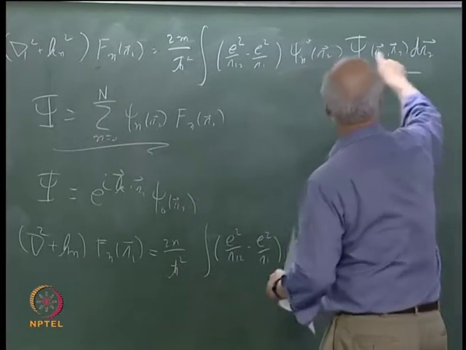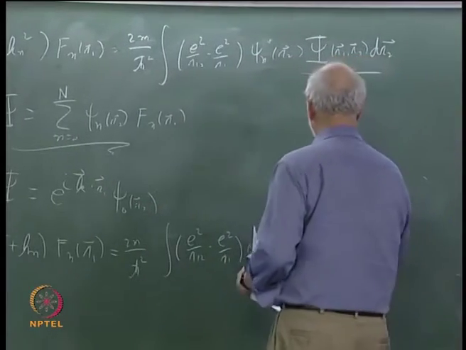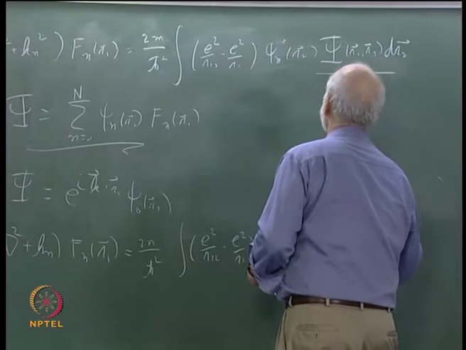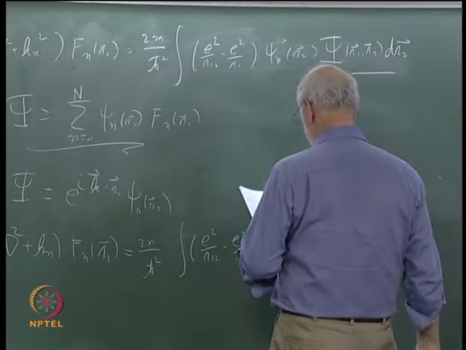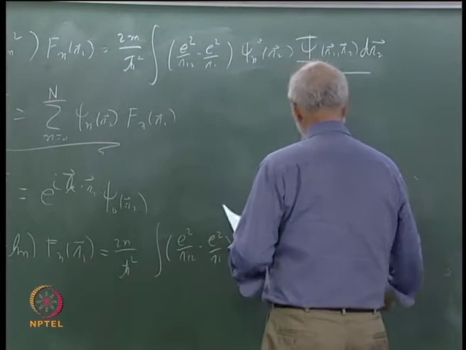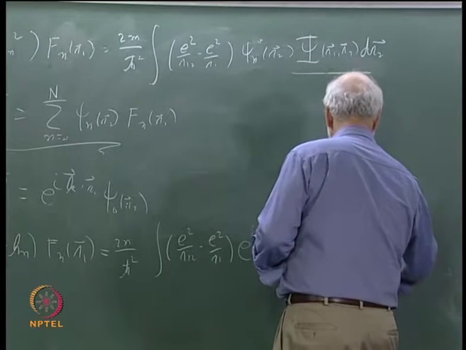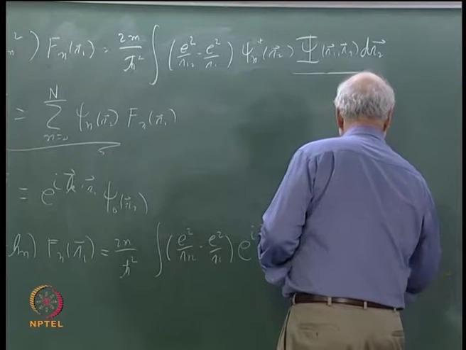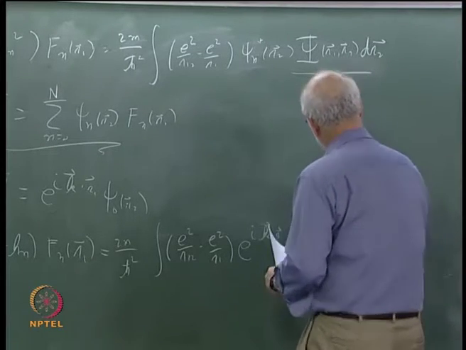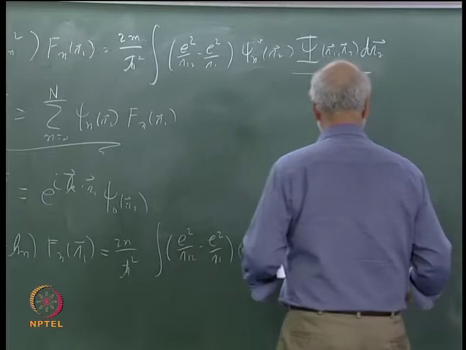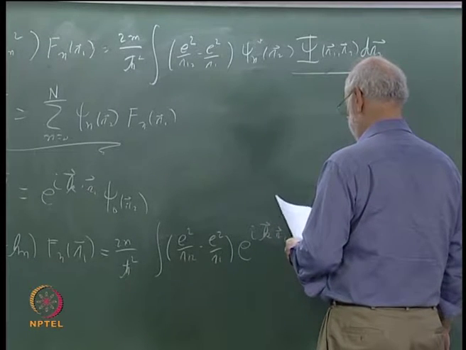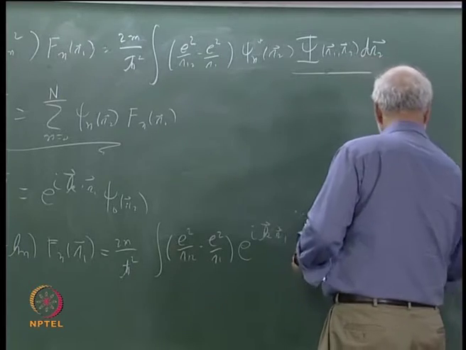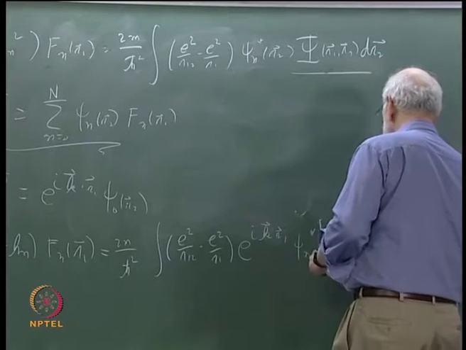So I'm plugging this into that. Phi n star of R2, psi 0 of R2, dR2.